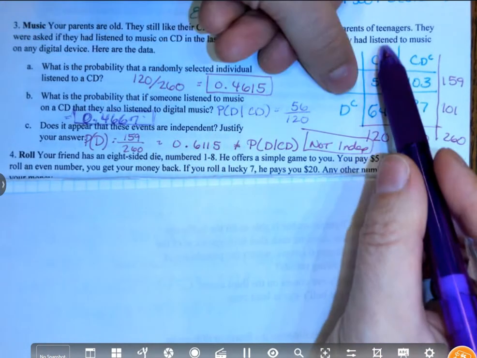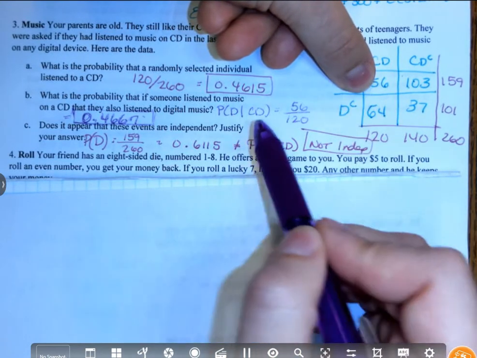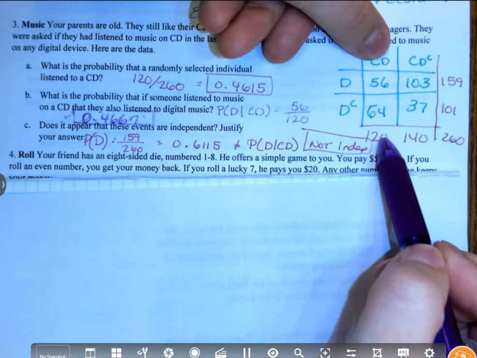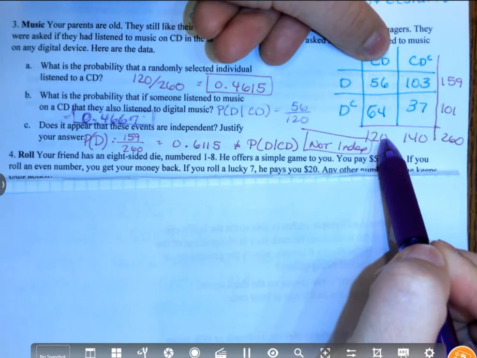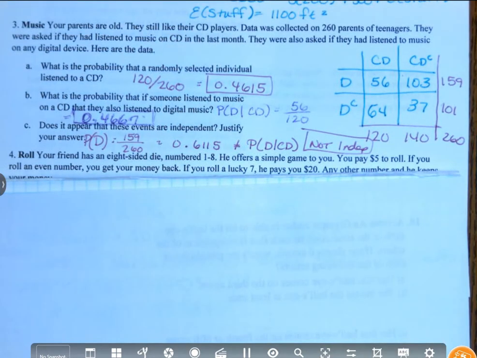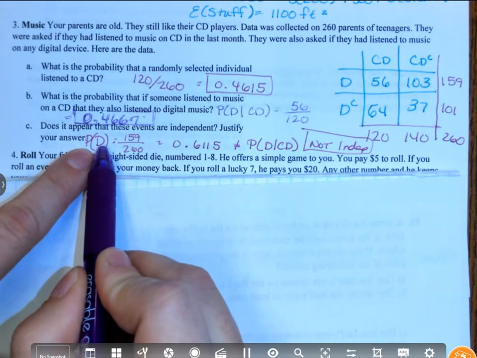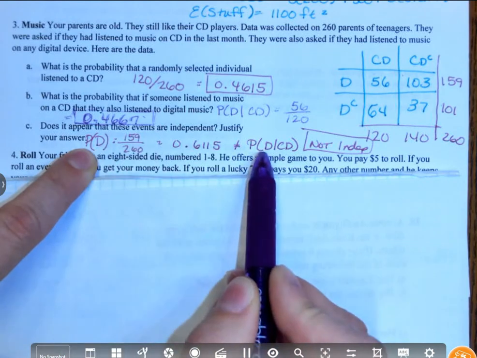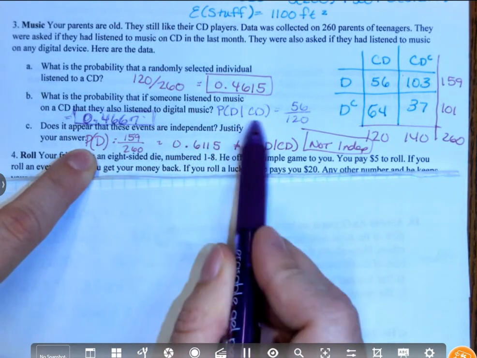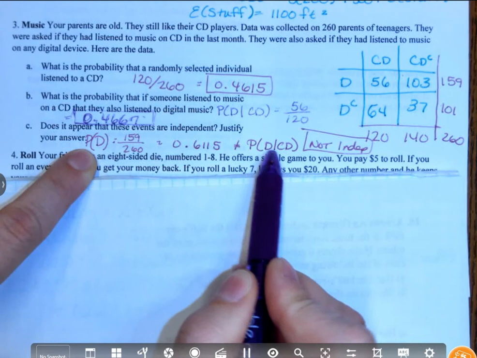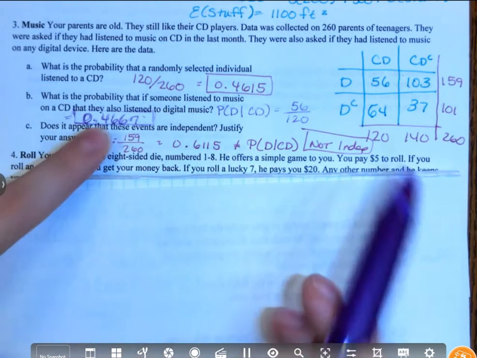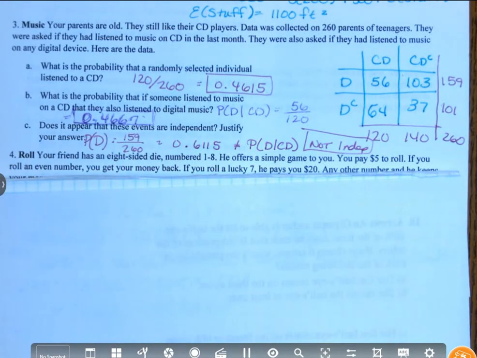So the AND goes on top. The total CD goes on bottom. And then for part C, probability of D, I can compare it to anything else as long as the D is in the first place. So I compared it to D given CD, which is what I already had. Those two are not the same, therefore it is not independent.